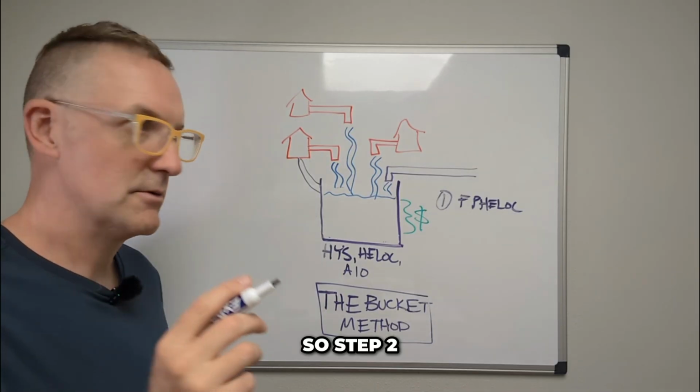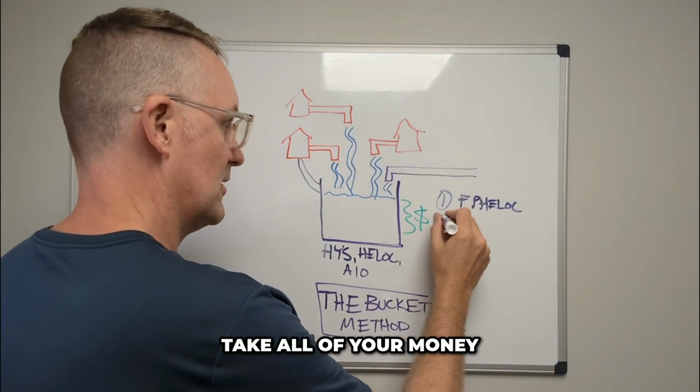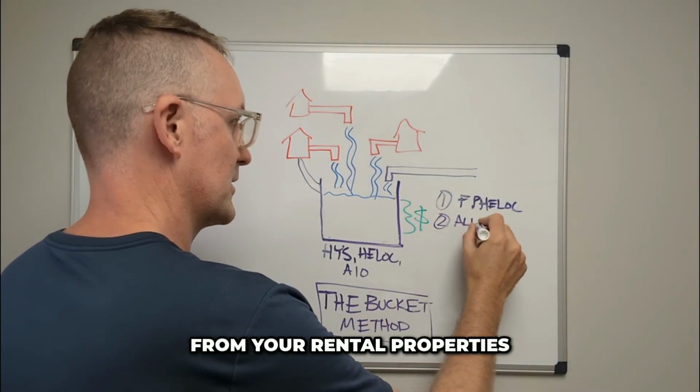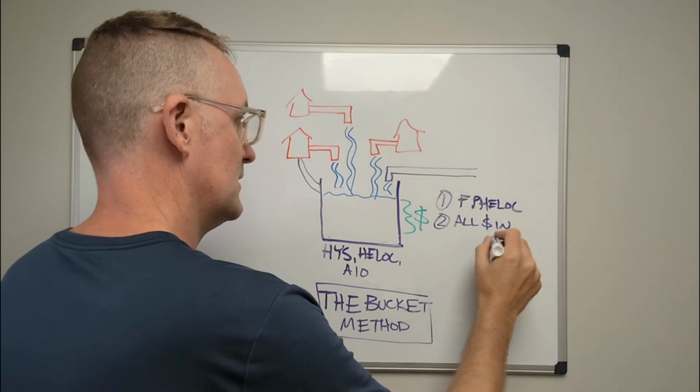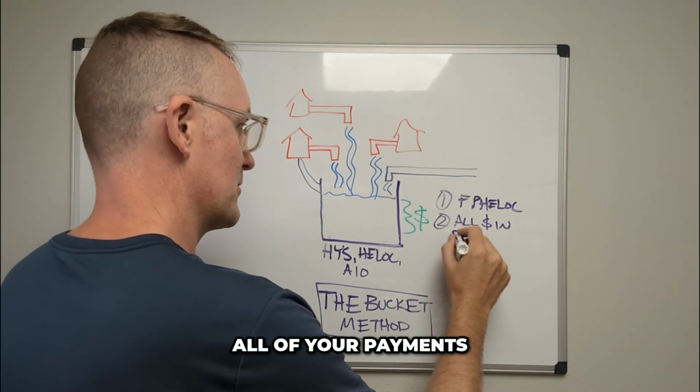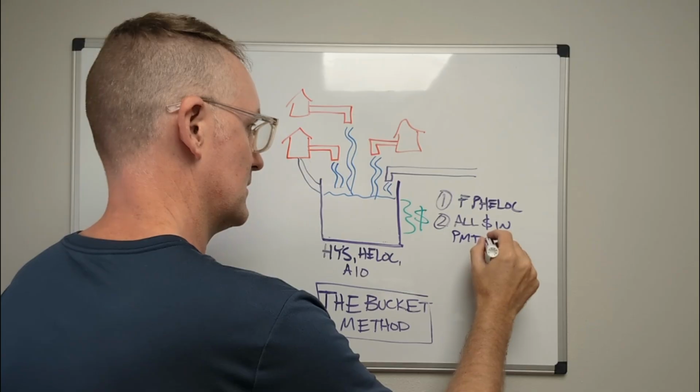So step 2 is to take all of your money from your rental properties into this bucket, and all of your payments come out of this bucket.